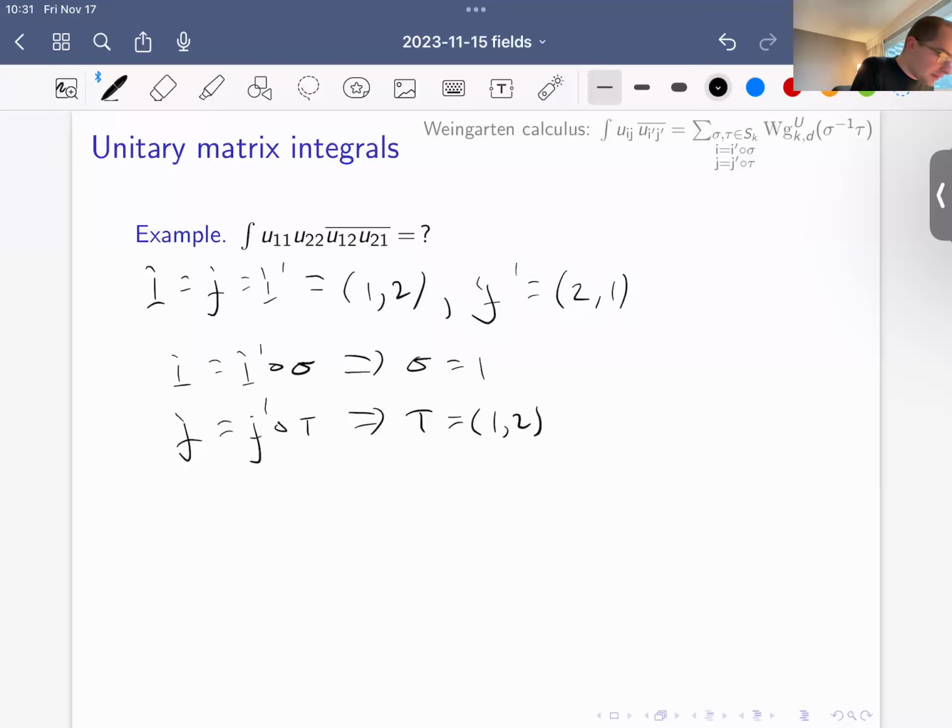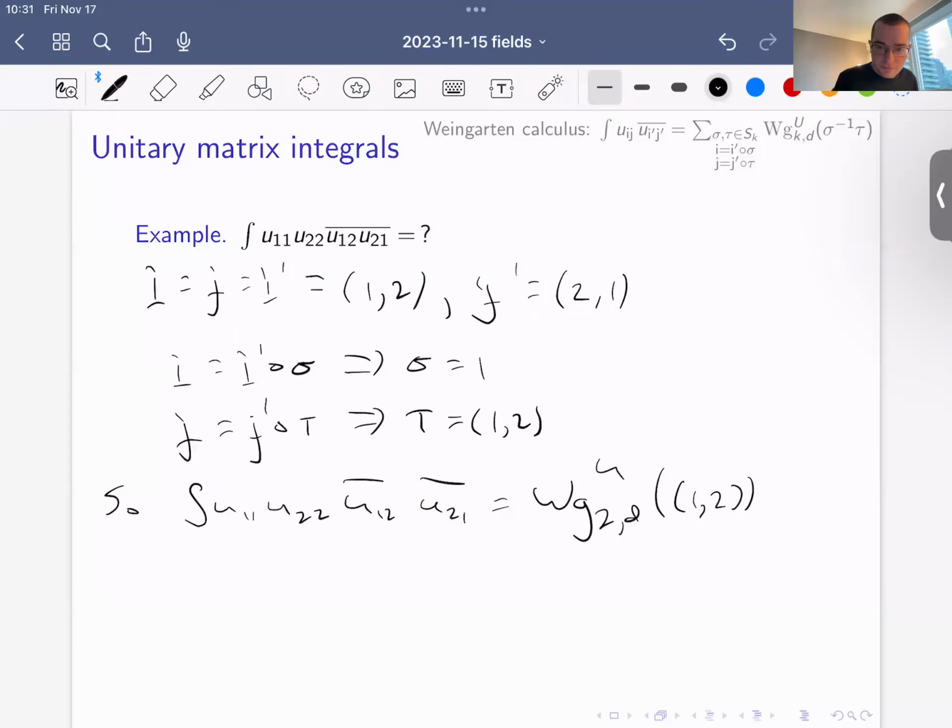So then if you put this back into the right-hand side here, this is just going to be the function WG evaluated at the permutation 1, 2. So this is basically the first theorem that I showed. This is what it means in this case.